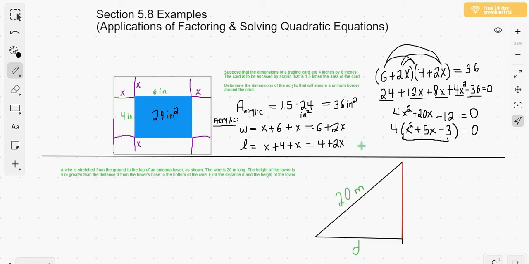So this would mean that x is equal to negative 5 plus or minus the square root of b squared, that's 25, minus 4 times a, which is 1, times c, which is minus 3, all over 2 times a, which is 2 times 1.